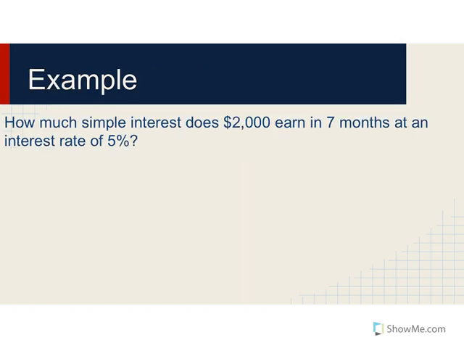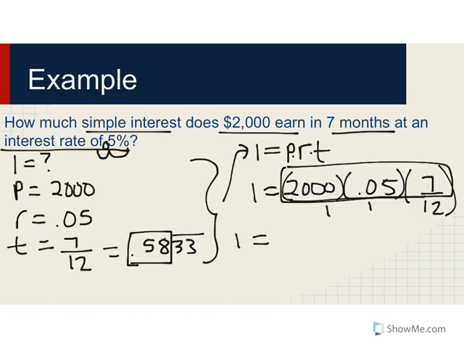So for example, how much simple interest does $2,000 earn in 7 months at an interest rate of 5%? Giving me 700, and now I'm going to divide that by 12, giving me 58.3, and that is repeating as well.